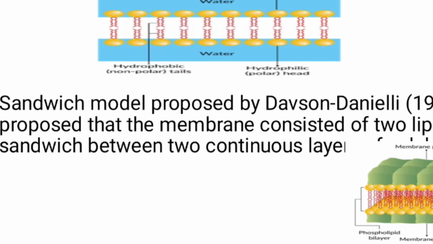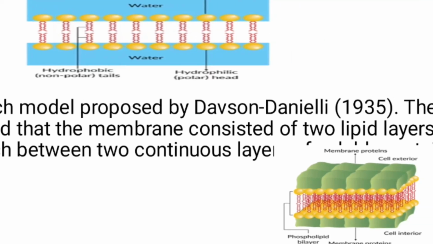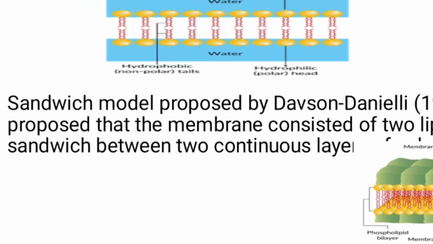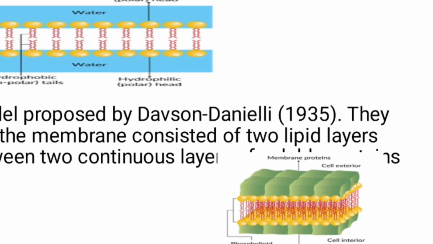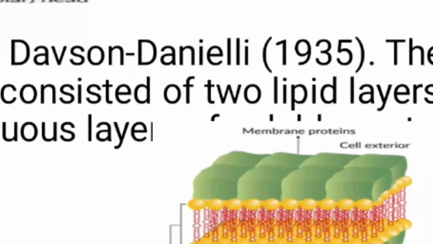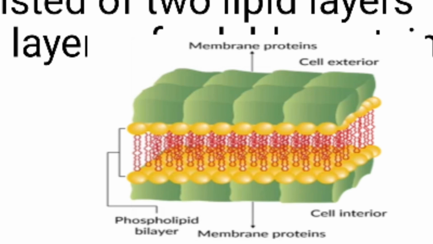Okay, so the next model is the sandwich model. This one was proposed by Davson and Danielli. What did the sandwich model say? The sandwich model said that the membrane consists of 2 lipid layers sandwiched in between 2 continuous protein layers. So look at it here. You see the lipid layer is sandwiched in between 2 continuous protein layers.